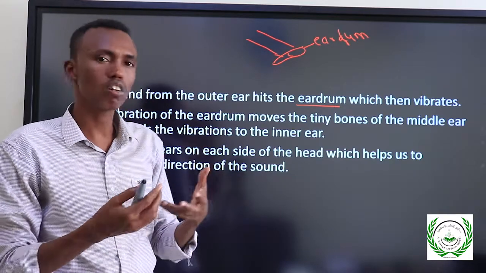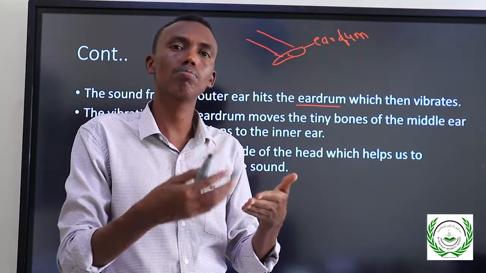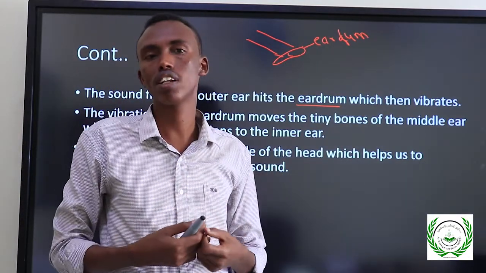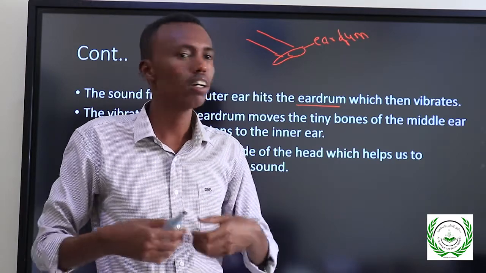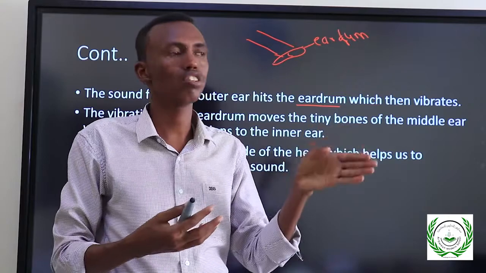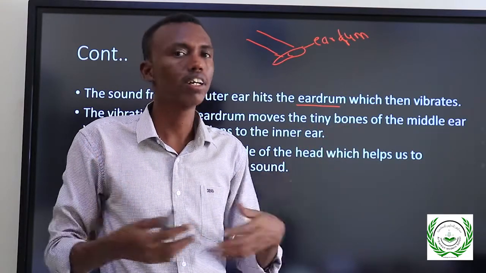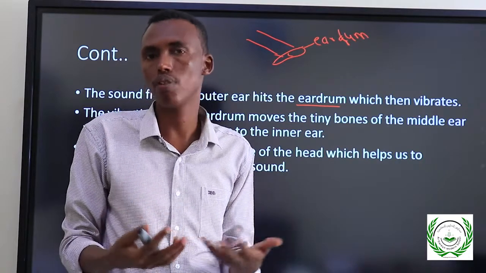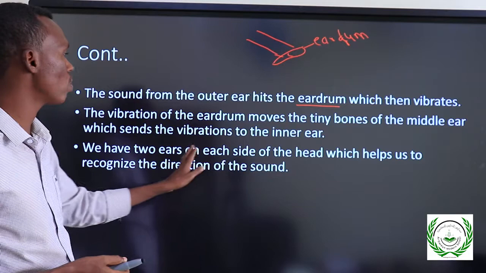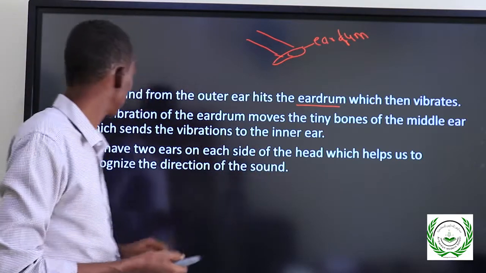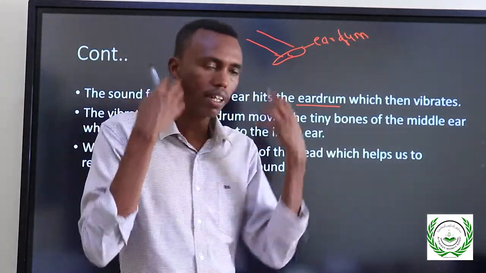In the inner ear, the sound waves are finally changed into electrical signals. These electrical impulses are then taken to the brain, and the brain will interpret or translate what kind of sound it is. We have two ears, one on each side of the head, which helps us to recognize the direction of the sound.